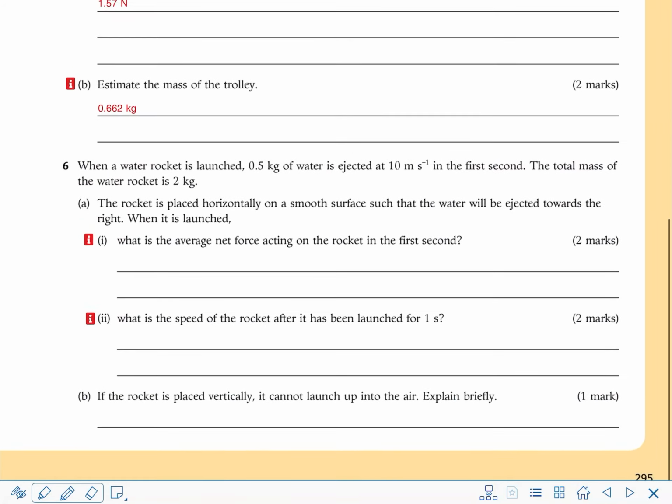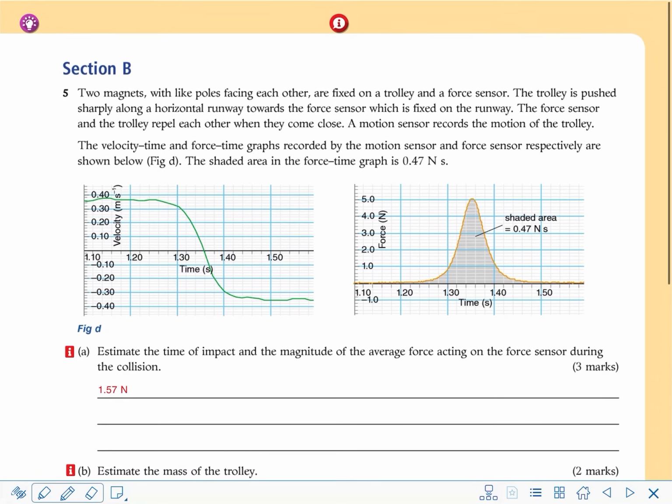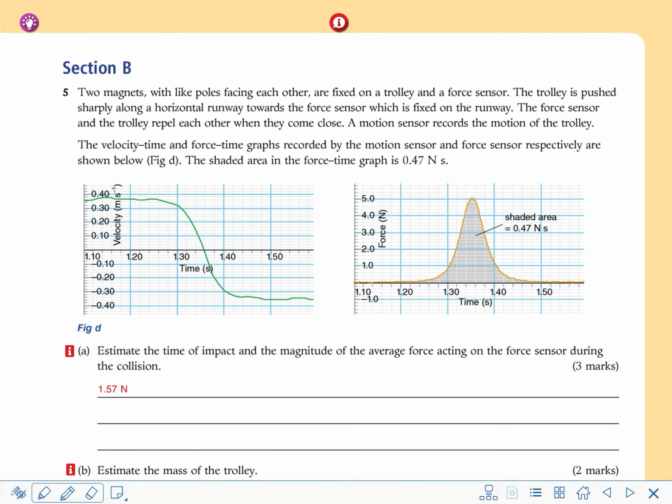And section B, can you calculate this answer? Now the last important thing: what is the condition for using conservation of momentum? The answer is, if there is no external force, we can apply this.